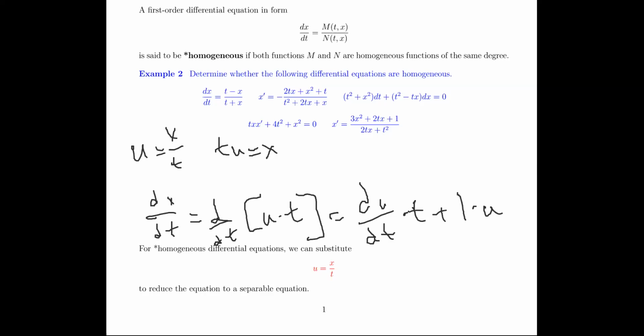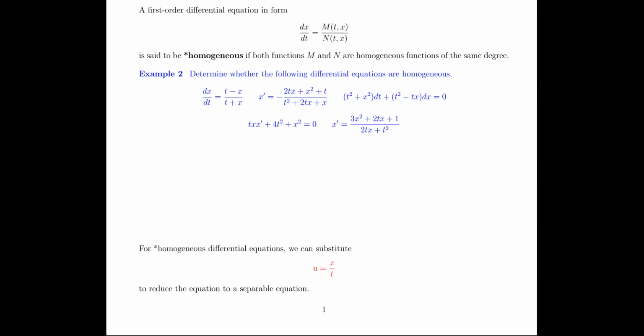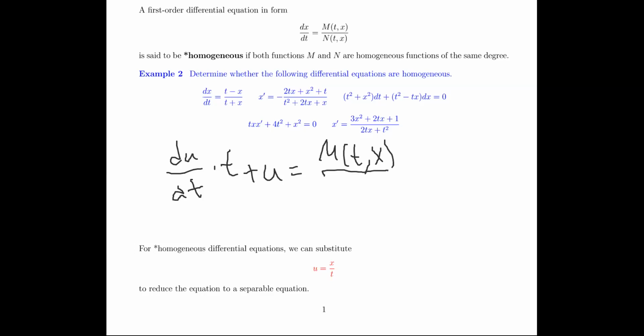All right. So what all of that means is that the dx dt is going to turn into du dt times t plus u is equal to M of t comma x over N of t comma x. And here, what do we want to happen?